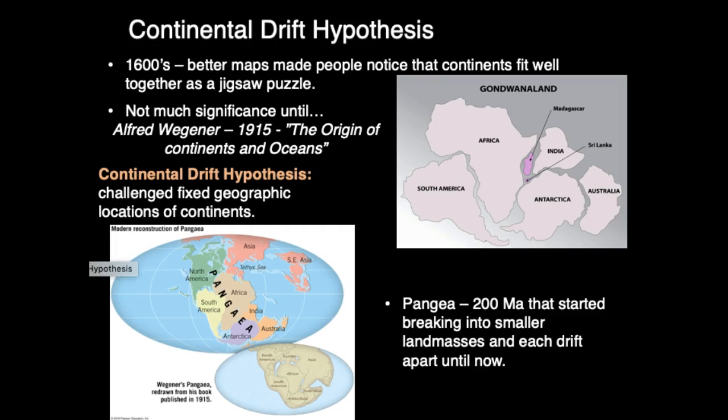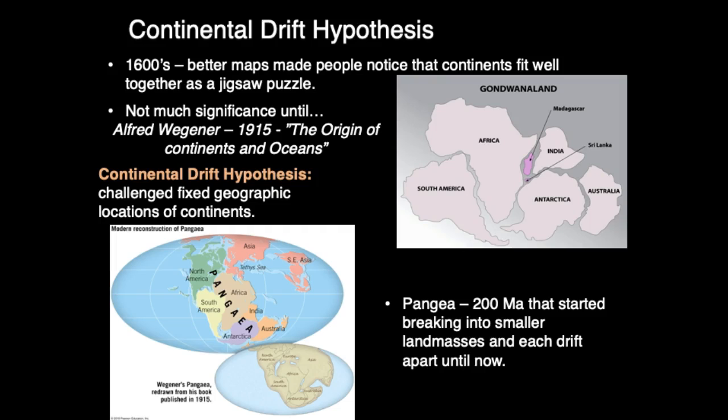So Alfred Wegener not only challenged this idea that the continents and the ocean basins were static, but with the idea that continents drifted through time, he also suggested that there had once existed a supercontinent consisting of all the Earth's land masses as we see them today. The supercontinent he called Pangaea.